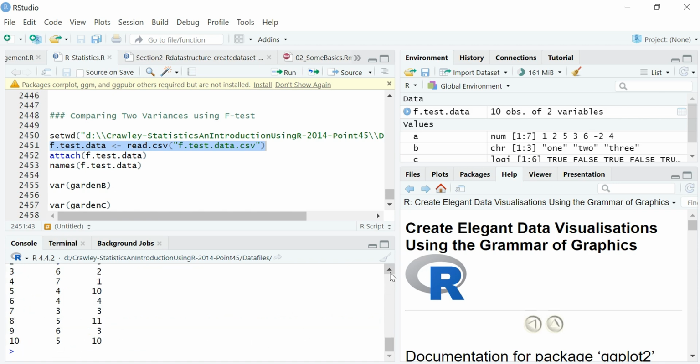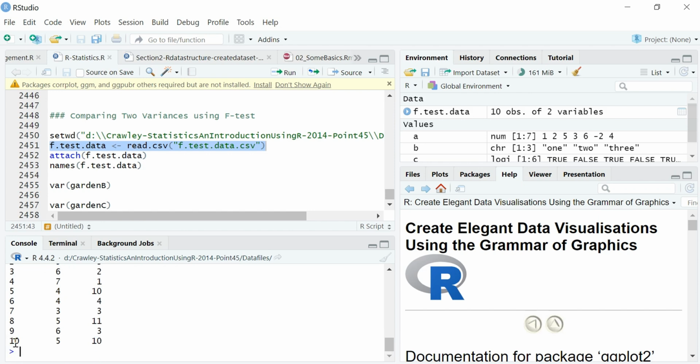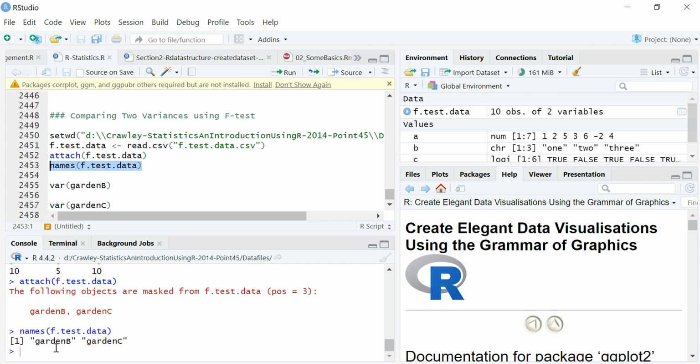It's a very simple data set, with 10 rows, 10 observations, and 2 columns: column 1 is garden B, and column 2 is garden C. Then we attach this data frame, because that makes it easier to use the variables, and we can show the names of the data frame, the two columns garden B and garden C.